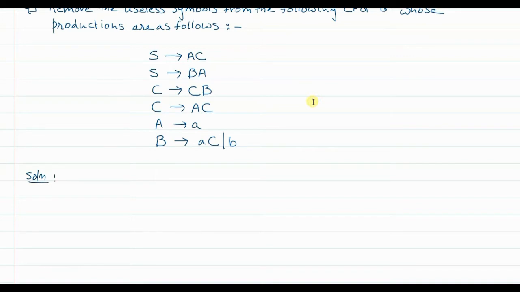Step 1. What is step 1? Identifying non-generating symbols.